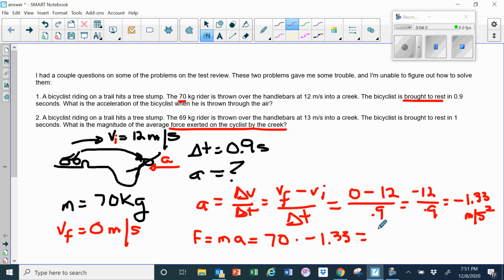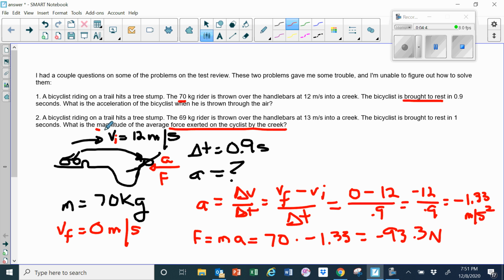So the force that's exerted on him is just 70 times that. Okay, it'd be minus 93.3 newtons. Again, the force is backwards because the force exerted on him acts backwards to stop him.